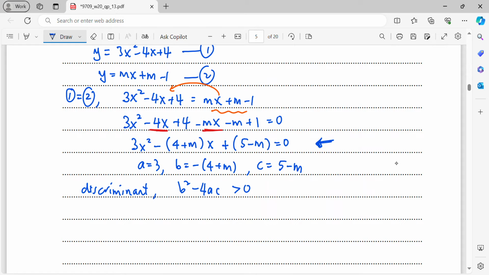Therefore, now here I need to get two real and distinct roots. That's why the discriminant is greater than 0. So now by replacing all the values a, b, c, then you will get the square of this, minus 4, a is 3, c is 5 minus m, and greater than 0.